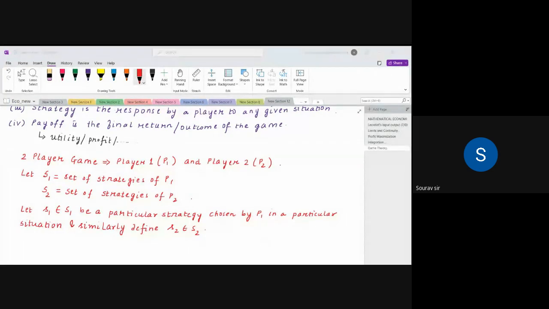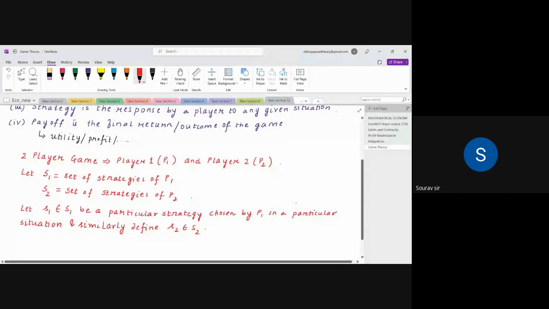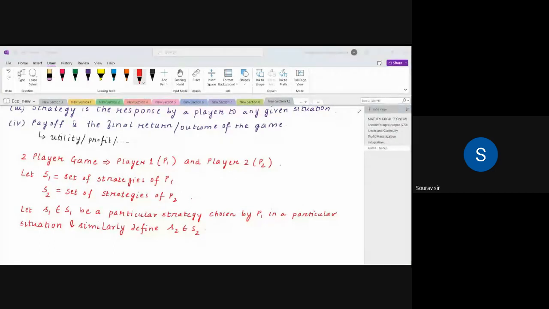Now, as I mentioned in the very beginning, the payoff of one particular player depends not only on what his strategy is, it also depends upon the strategy taken by the other player, right?